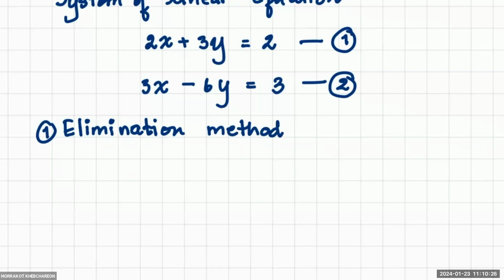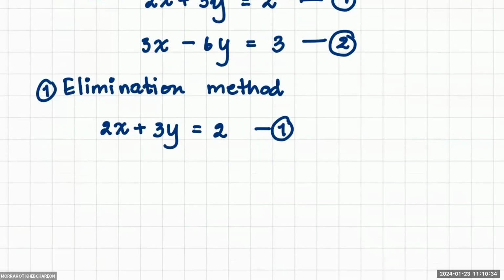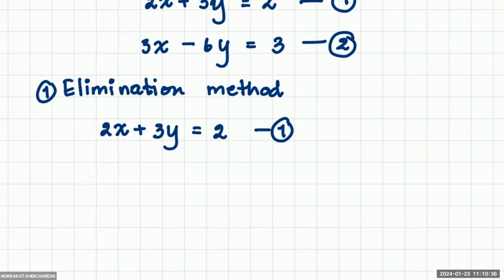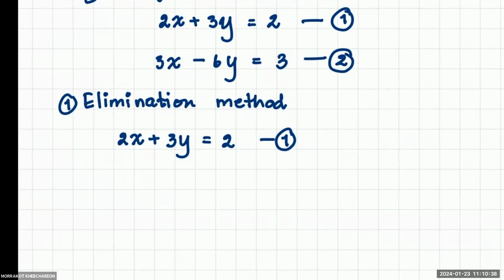So you have the equation 2x plus 3y equals 2 as the first equation. And if you want to get rid of x, I will multiply equation number 2 by 2 over 3.